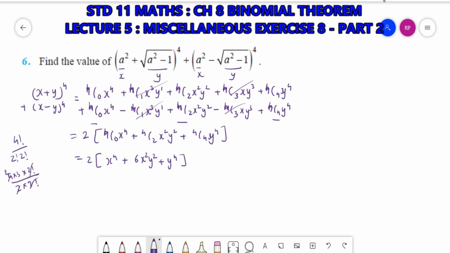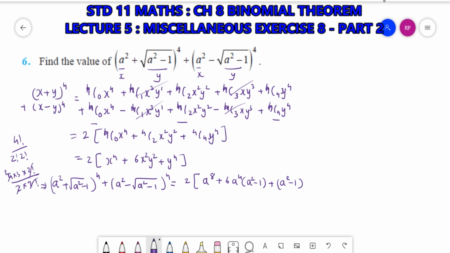Okay, so now putting the value of x as a^2 plus root of (a^2 - 1), the whole expression is equal to 2 times: x^4, that means (a^2)^4, a^8, plus 6 x^2 y^2, x^2 means a^4, y^2 means (root of (a^2 - 1))^2, so a^2 - 1, plus y^4, which means (a^2 - 1)^2.